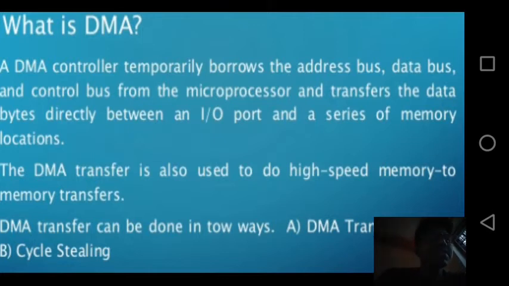DMA transfer can be done in two ways. One is DMA transfer blocks, another is cycle stealing, and also transparent DMA. But the more popular ones are the two techniques, DMA transfer blocks and cycle stealing.